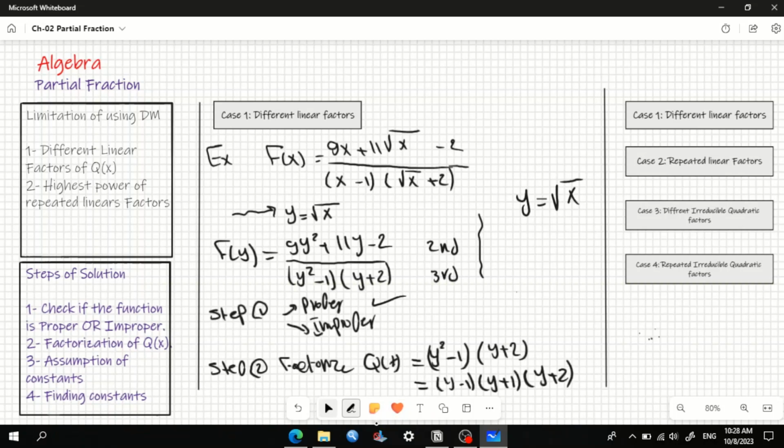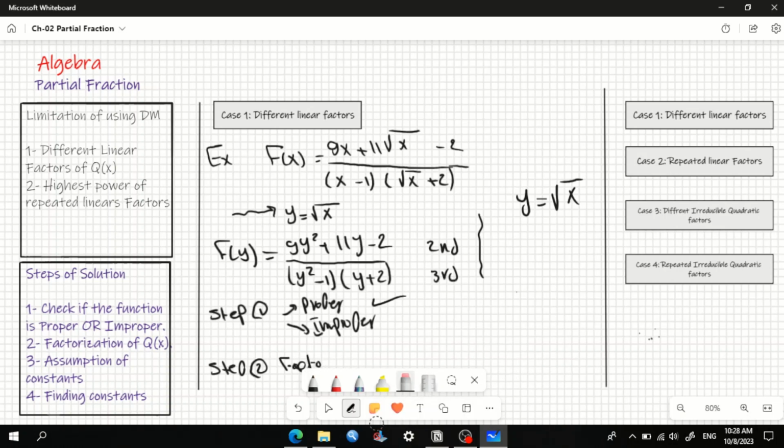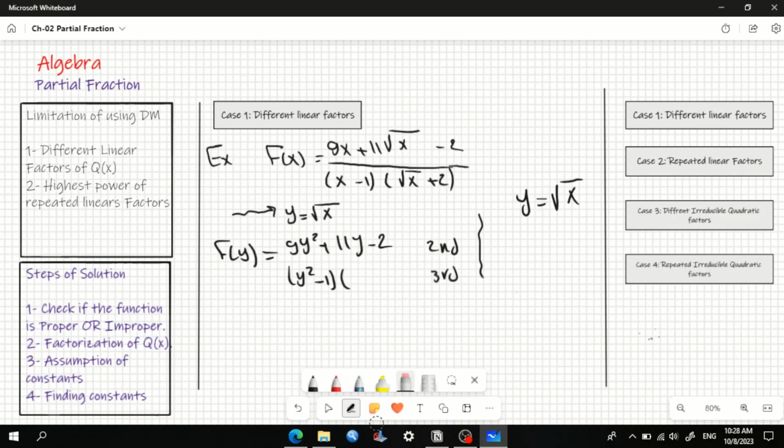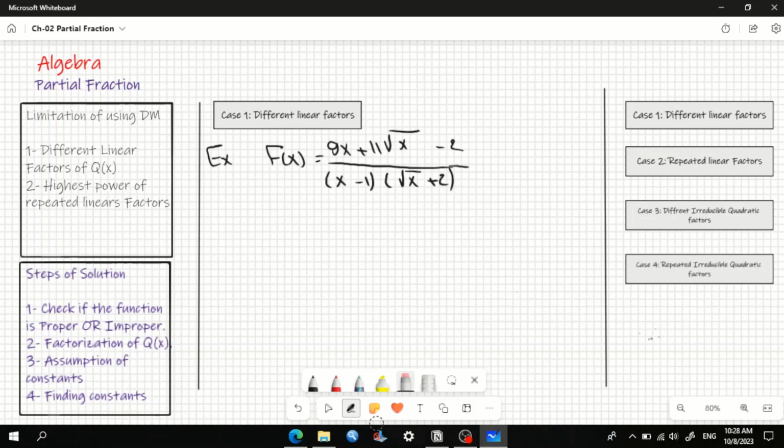So let's rewrite that: f of y equal to y squared plus 11y minus 2 over y minus 1, y plus 1, y plus 2.